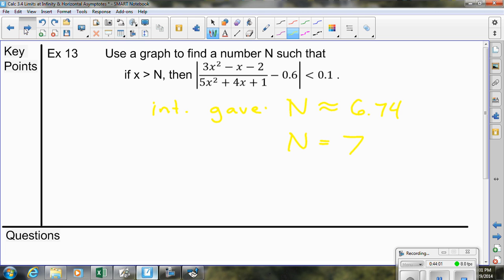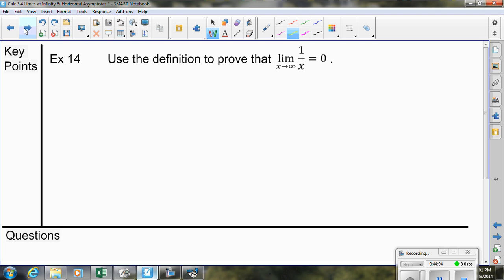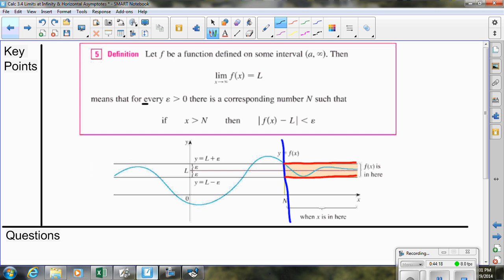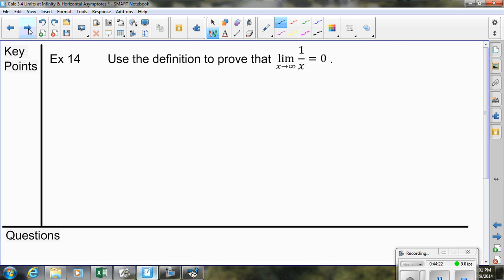Lastly, use the definition to prove that the limit as x approaches infinity of 1 over x actually is 0. Okay, so remember what the definition says. The definition says for every epsilon greater than 0, so we will say take any epsilon greater than 0.